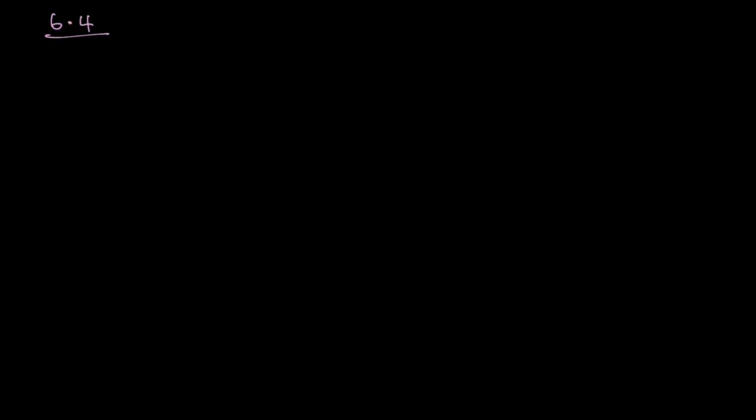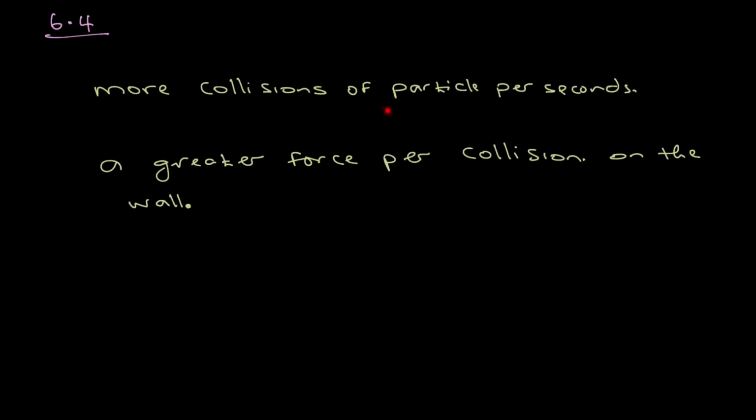The compressor increases the density and temperature of the coolant vapor inside the pipe. Explain why the pressure in the pipe increases. As the density and temperature increase, you will get more collisions of particles per second, and a greater force per collision on the wall.